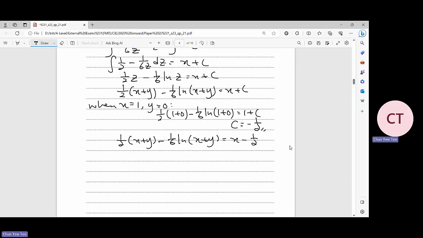But since they want x minus y, I need to move this over here. Okay. So move over here, I can only get x minus y. So over here, I need to move all my left-hand side to the right-hand side. Then I get this.